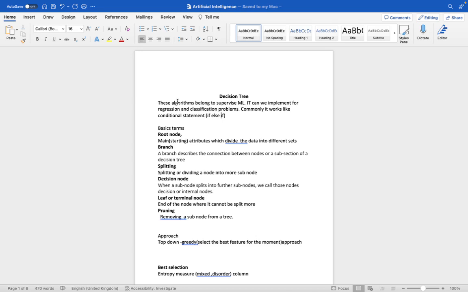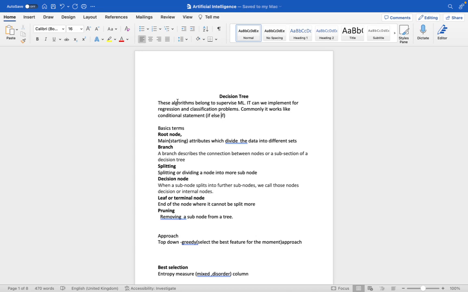If we look at the tree, it starts from the root, then there are some branches, and the last one is a leaf. The leaf is the end of the node, where it cannot be split more. Then there is another concept, pruning. When we are going to predict something, there is a concept that people mostly face while calculating things: overfitting or underfitting.